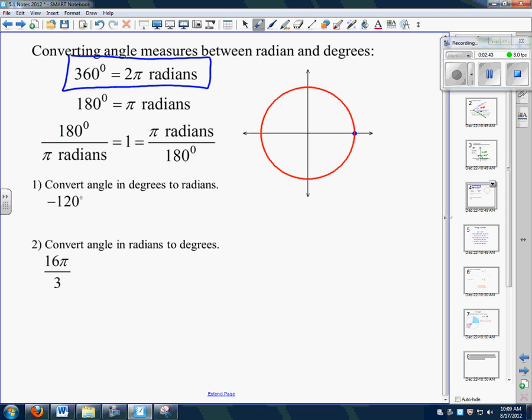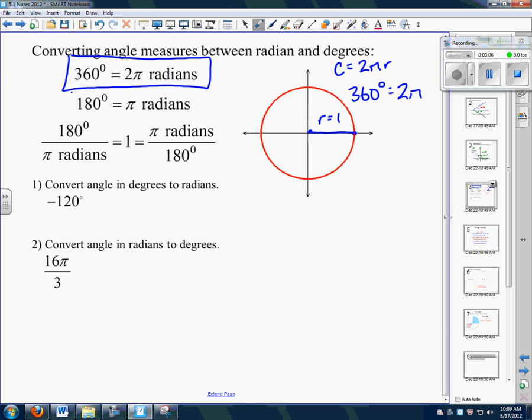So this is the biggest thing you need to realize. 360 degrees is 2 pi radians. The reason for that is we know circumference of a circle is 2 pi times r. The easiest number radius can be is a 1. So that makes circumference 2 pi. If you let the circumference be 360 degrees, that's what's in a circle.